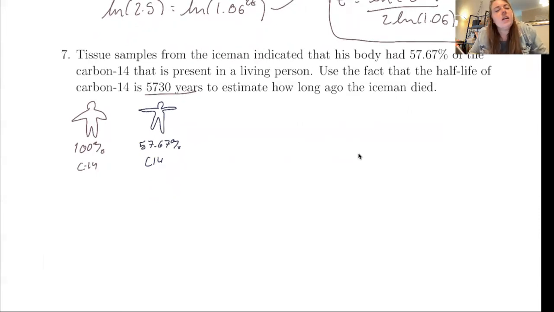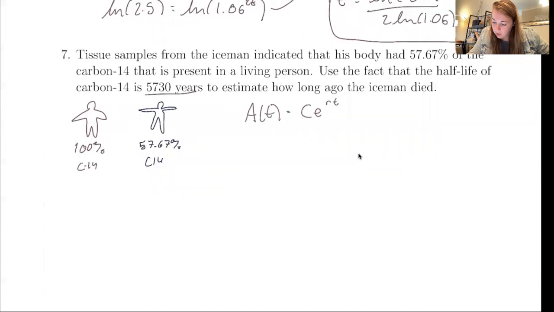And I think in 4.4, we even talked about instantaneous growth rate, right? And that we can use half-life the same way. So we're going to use the model A of t equals C e to the rt, okay?